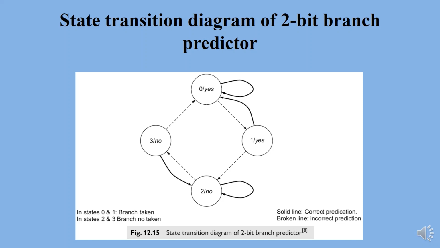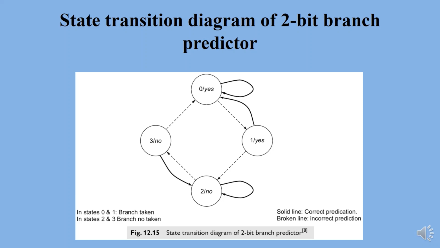When the counter state is 0 or 1, the respective branch is predicted as taken. When the counter state is 2 or 3, the branch is predicted as not taken. When the conditional branch instruction is executed and the actual branch outcome is known, the state of the respective 2-bit counter is changed as shown in the figure using solid and broken line arrows.